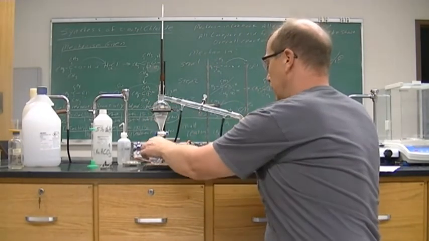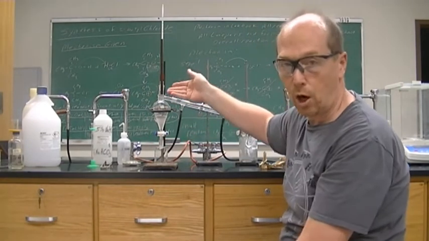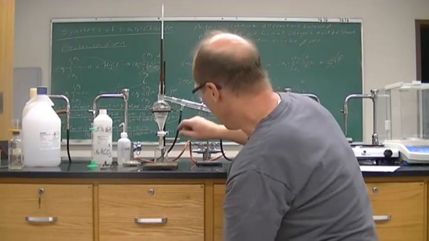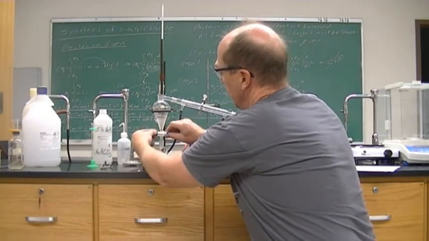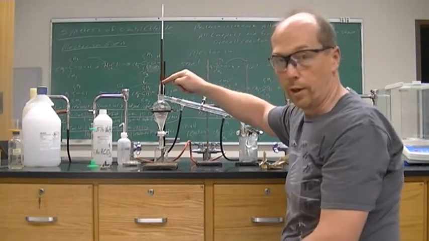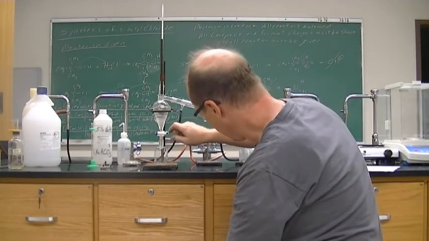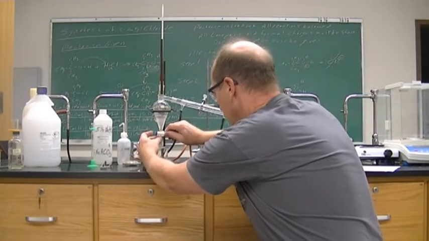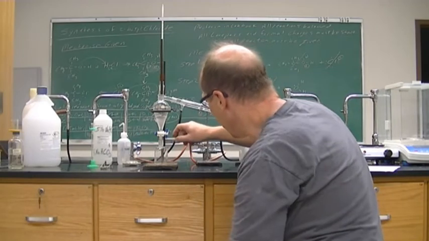So again, the top has to be off of your separatory funnel, because if you don't and you try to get the liquid out, it's like having your finger on top of a straw. It's not going to let it out. All right, so we're going to separate these two layers.